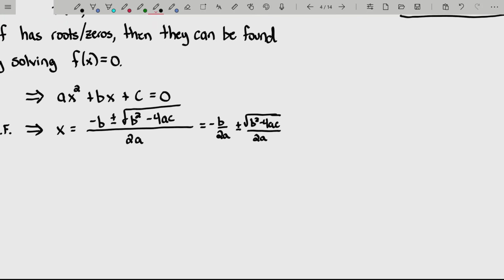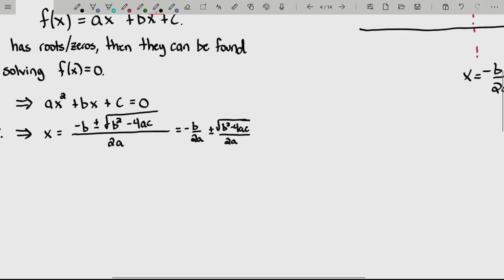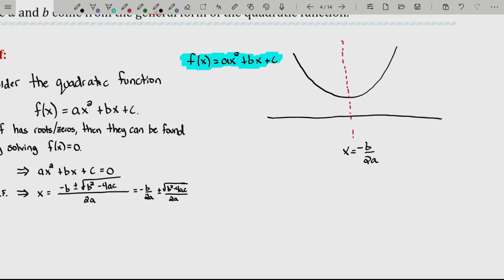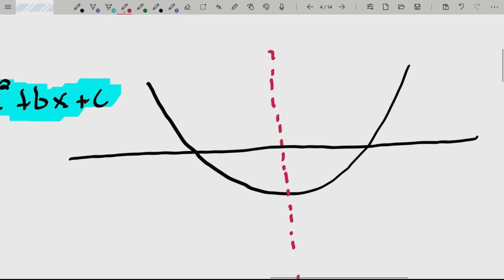If there was an x-intercept for this quadratic function, let's just pretend there was. Rather than graphing a new quadratic function, I'll just say, suppose that we had a couple x-intercepts. I'll zoom in here and mark them. Here's one and here's one.